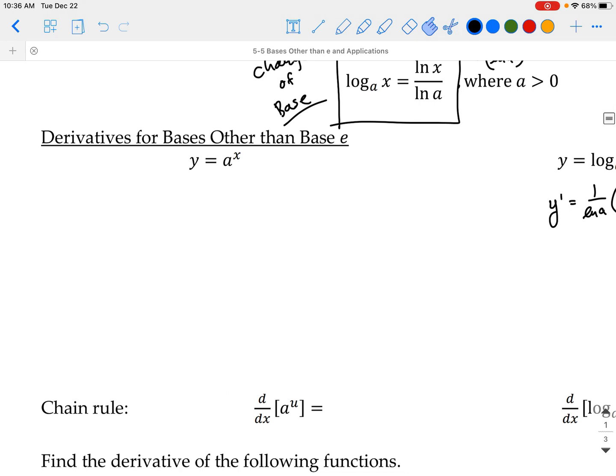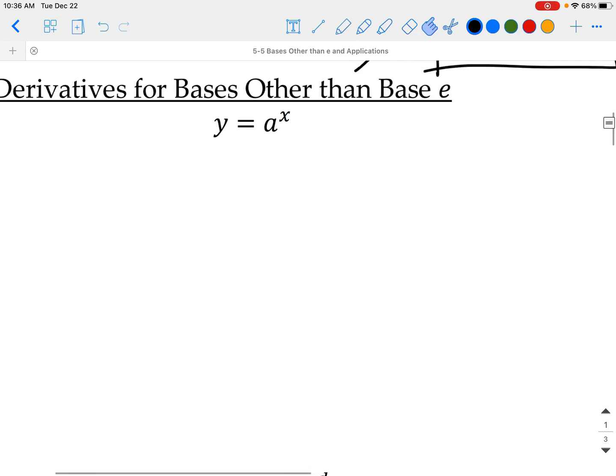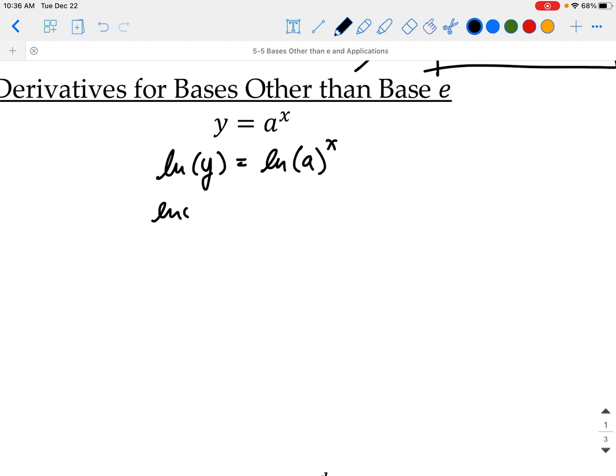Okay. And then for exponential equations, so if we have y equals a to the x, we can't just rewrite it as a base e expression because we don't have any logarithms, but we can use log differentiation the way that we did earlier. So if we take the natural log of both sides, we'll get the natural log of y is equal to x times the natural log of a.